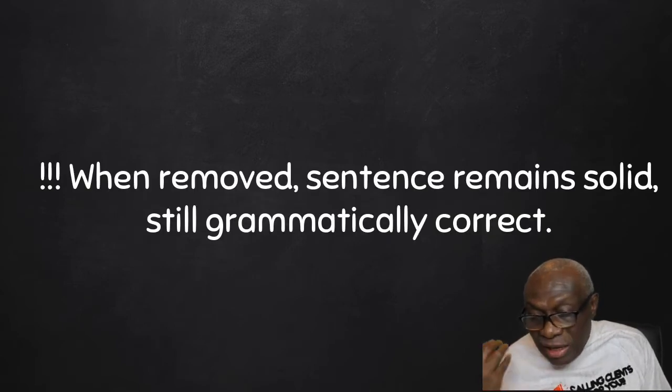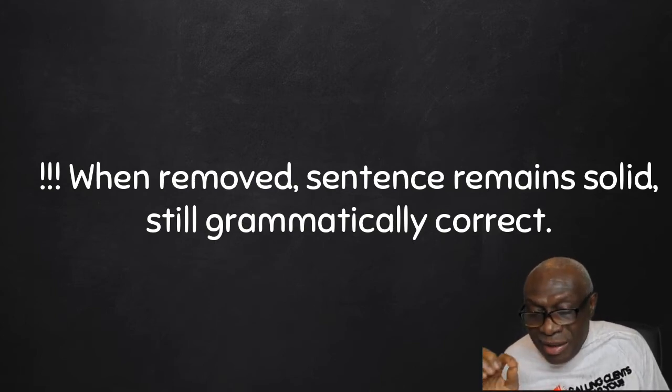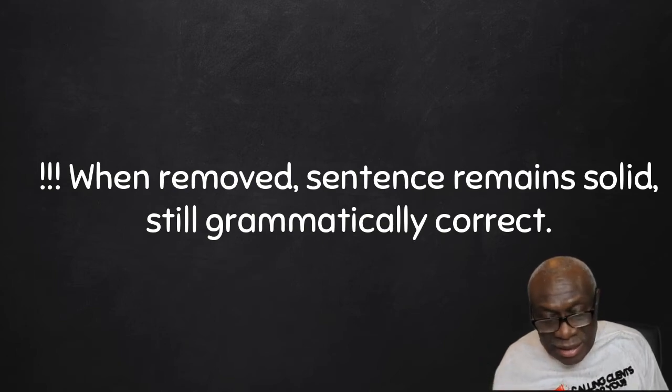Now, if you pull out this information, the sentence does not change. The only thing that changes is that the extra information has gone out, been pulled out, but then the sentence will remain solid, still grammatically correct and standing as a sentence.